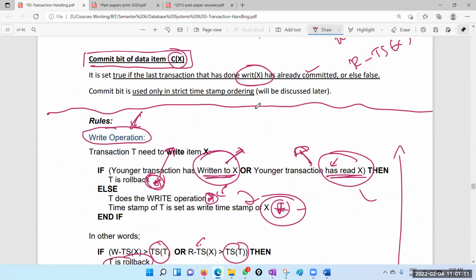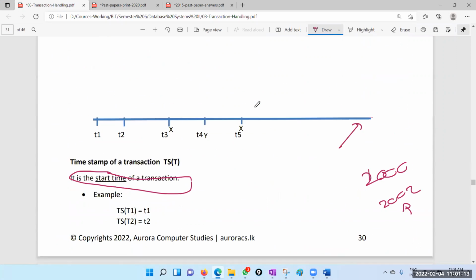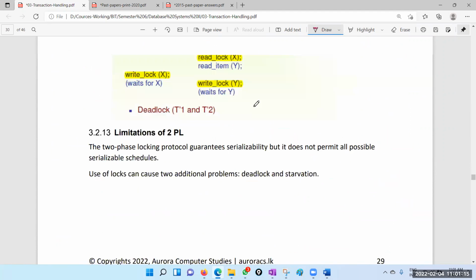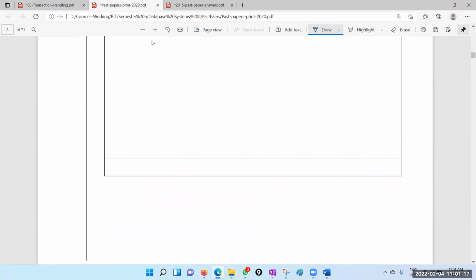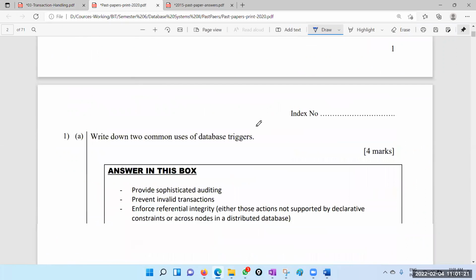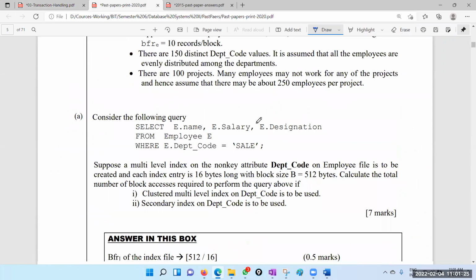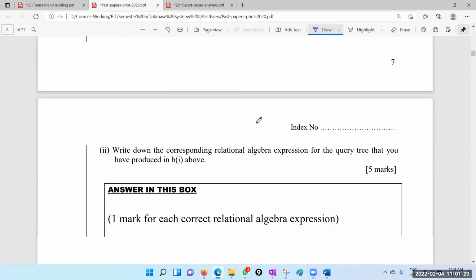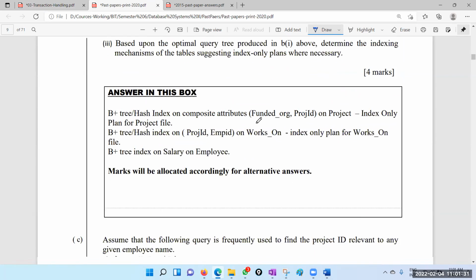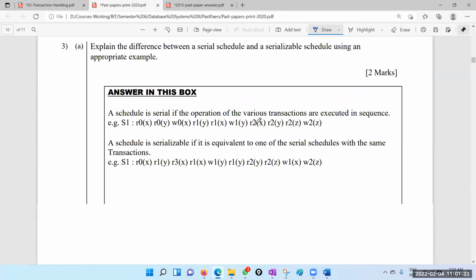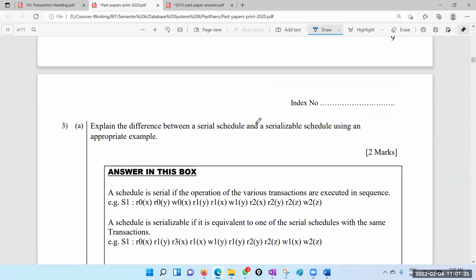That is why you need some sort of analogy or stories to remember it. So let's do a past paper question. Timestamp questions are fussy. Sometimes answers are also a little bit conflicting.